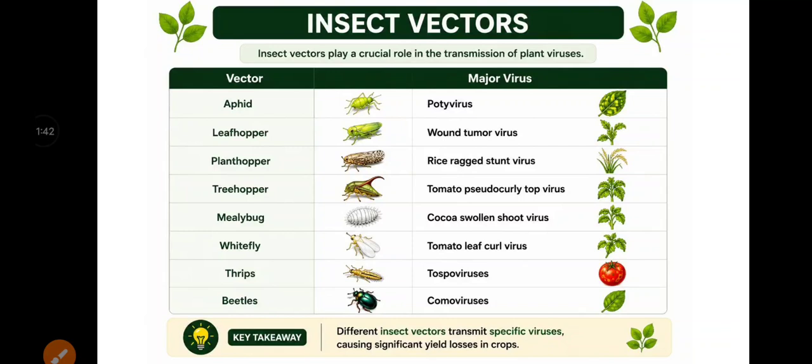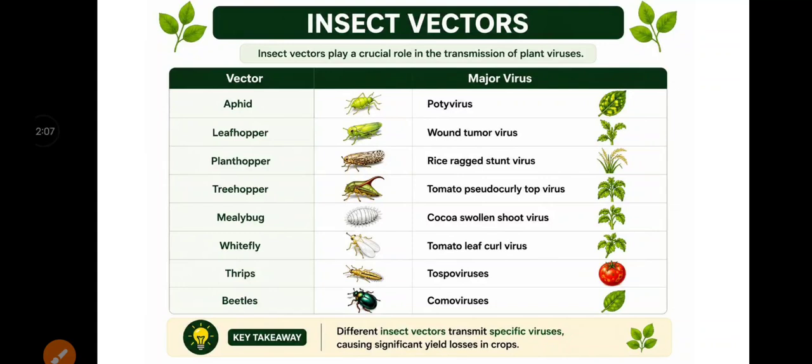In the next video we will discuss in detail how the insect vector transmits the virus, what are the modes and types, like non-persistent, persistent, semi-persistent, then persistent propagative, persistent circulative. So various types are there. We will discuss all these things in detail.